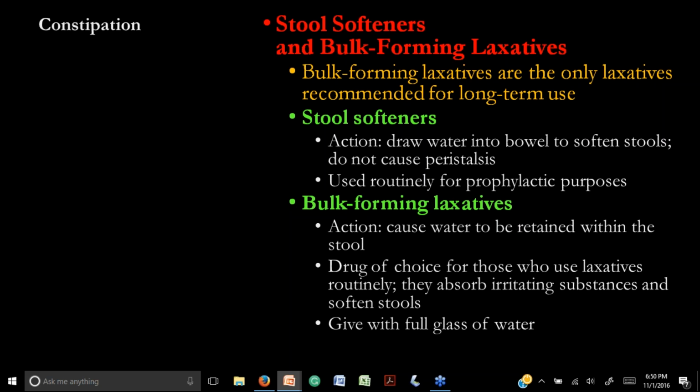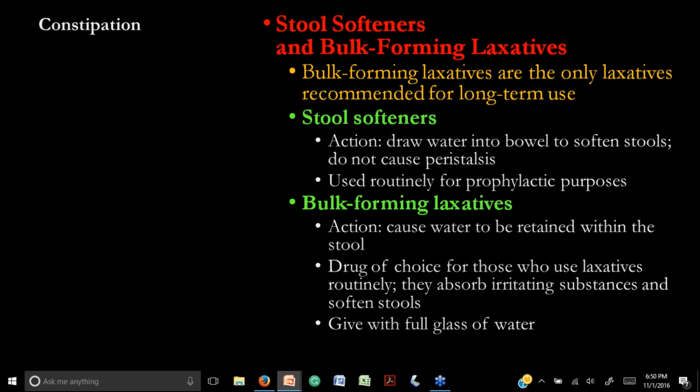We have the bulk forming laxative. It's a very big mistake if you take a bulk forming laxative, especially Metamucil, which is full of fiber, without a full glass of water. If you don't do that, you are going to make it worse.